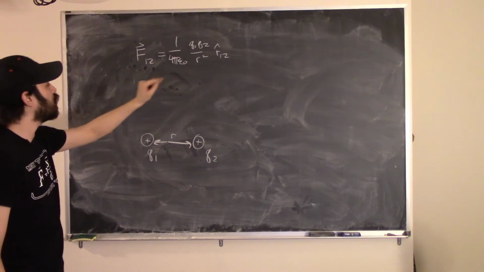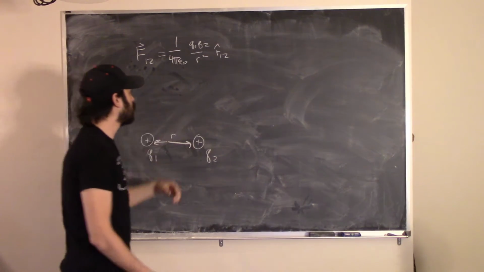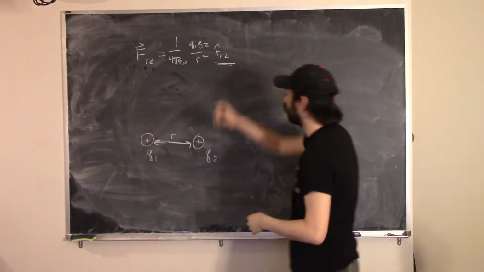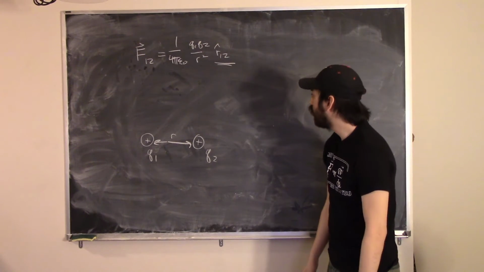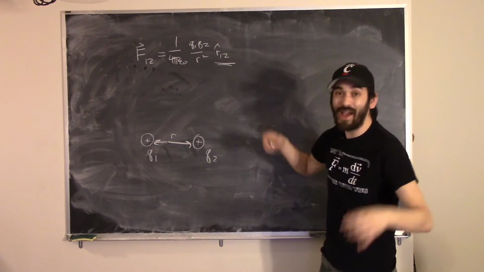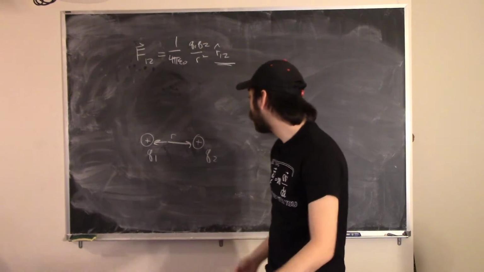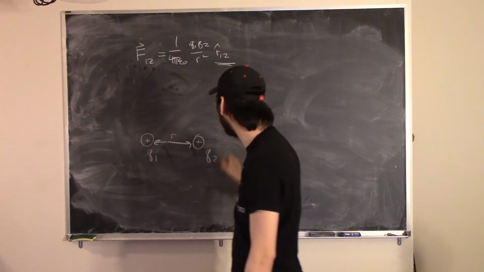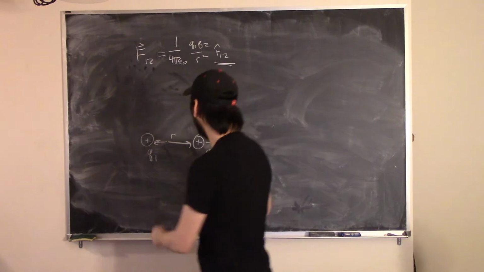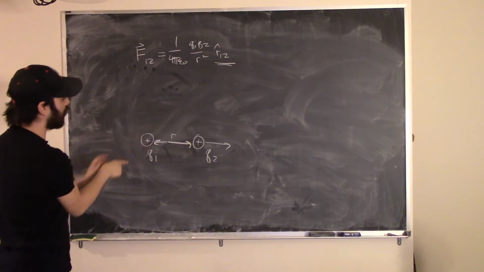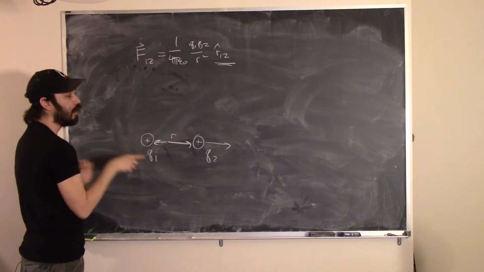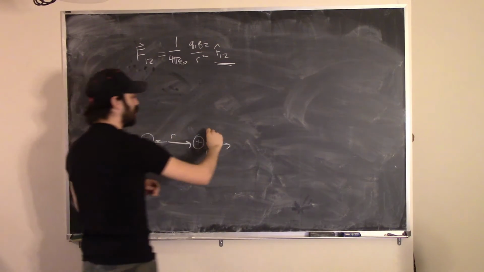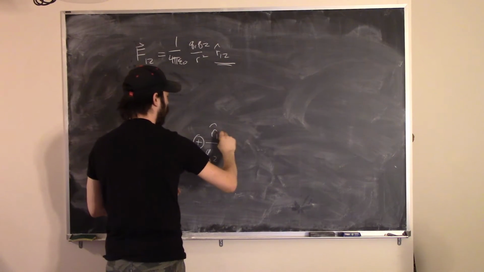The last thing that we have to consider in this equation is this r hat 1,2 term. R hat 1,2 by definition points from the charge Q1 to the charge Q2. So if I'm at Q1 and I want to point at Q2, the direction is the direction r hat 1,2.